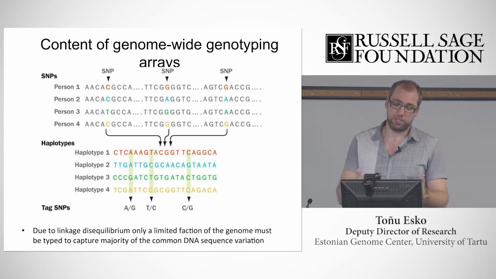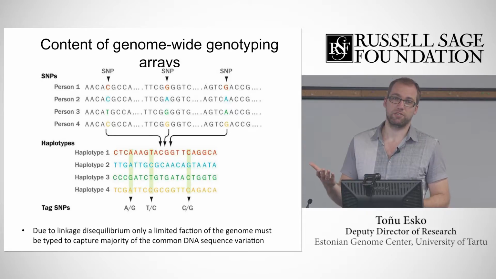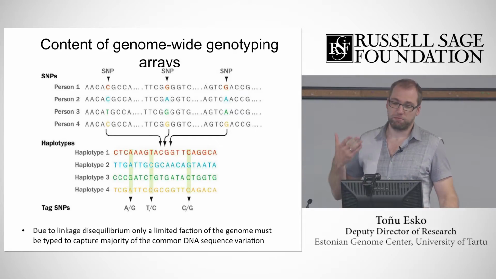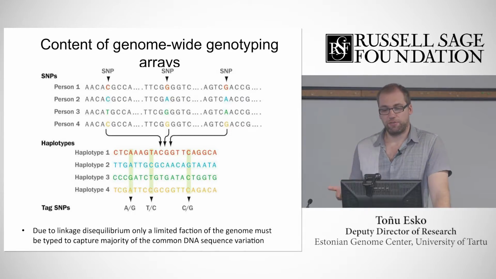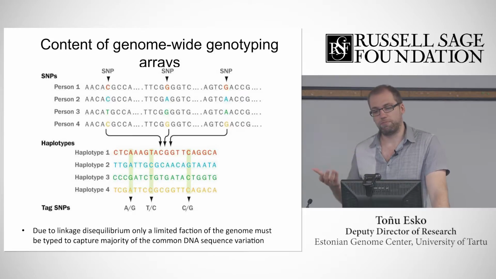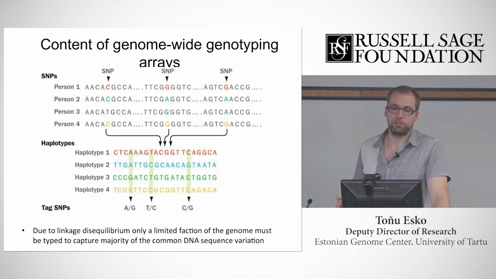But using those tag SNPs on a genotyping array, which has, let's say, 500,000 SNPs, this can cost as low as $20. This makes it possible to comprehensively characterize a human genome very cost efficiently and genotype many thousands or hundreds of thousands or even millions of people to do the type of genetic research we want to do, because the effect sizes are very small.